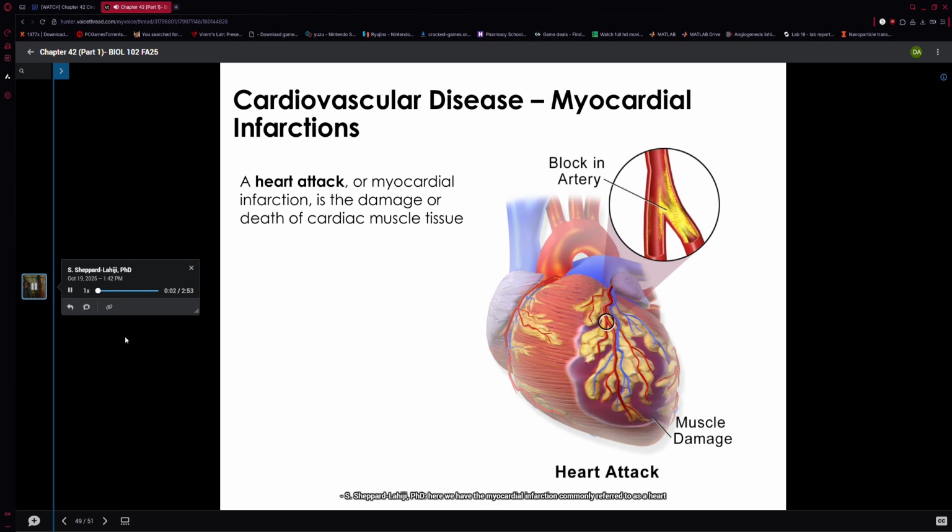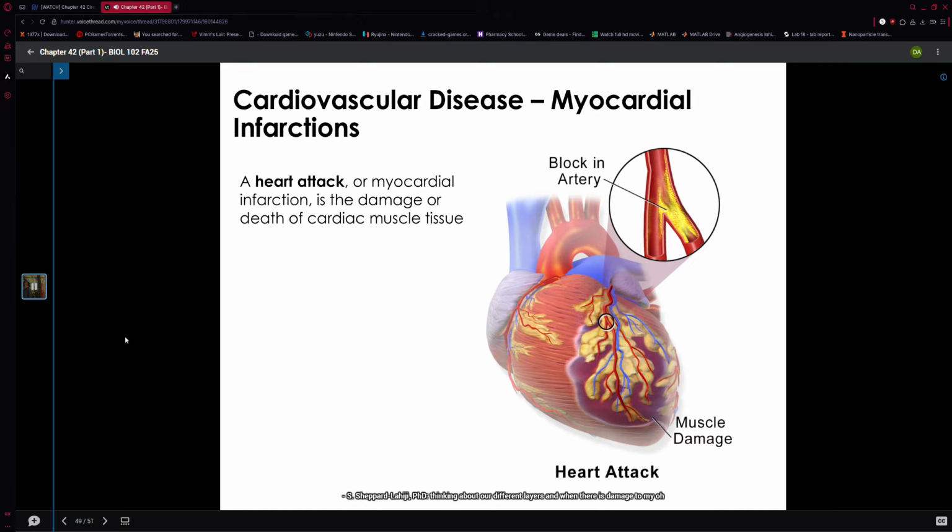Here we have the myocardial infarction, commonly referred to as a heart attack. And heart attacks are one of the main causes of cardiovascular deaths within the United States. And when it comes to a myocardial infarction, we're thinking about myocardium, which is going to be the largest or most conspicuous portion of the heart wall, right?